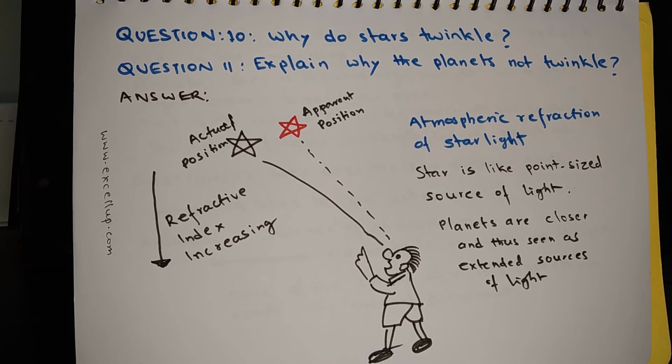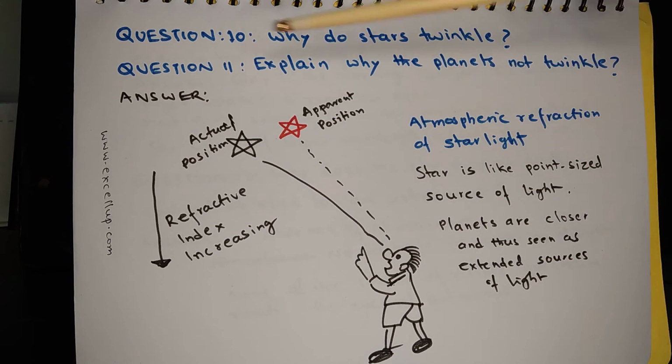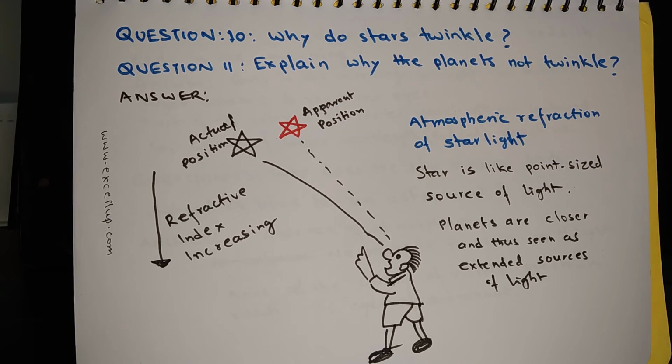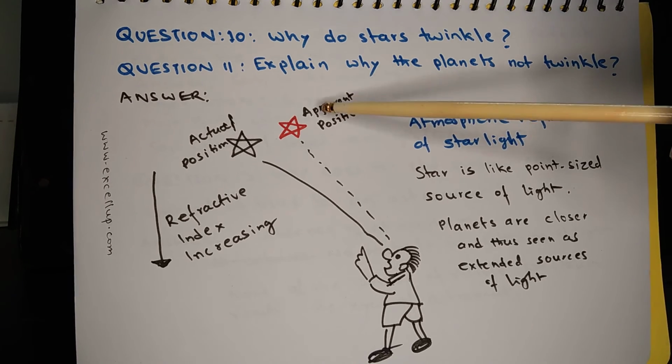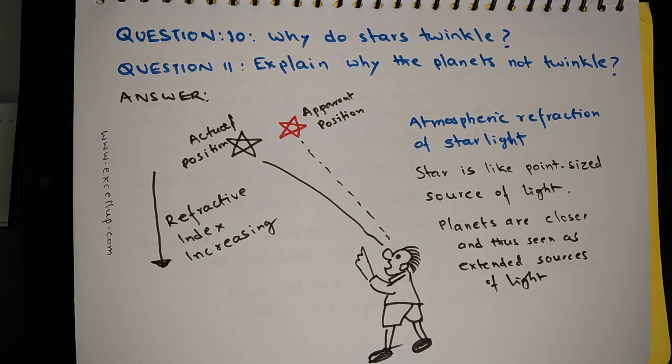So you can recall that when a ray of light travels from a rarer medium to a denser medium, it bends towards the normal. So when the starlight is moving through various layers of increasing refractive indices, it turns towards the normal at subsequent steps, and that is why the apparent position of the star is somewhat higher than the actual position of the star.